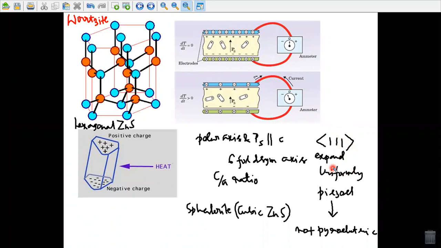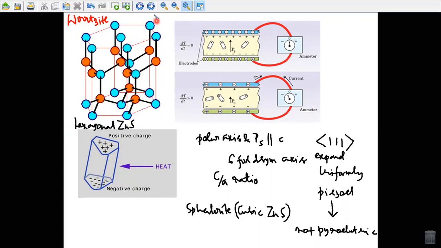Therefore, sphalerite, being in the same family of zinc sulfide, is piezoelectric but not pyroelectric at all. So this is the phenomenon of pyroelectricity, which arises typically from the application of temperature, and the temperature change is directly proportional to the change in the polarization.